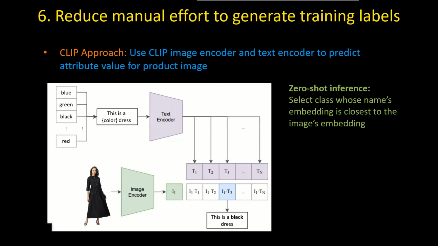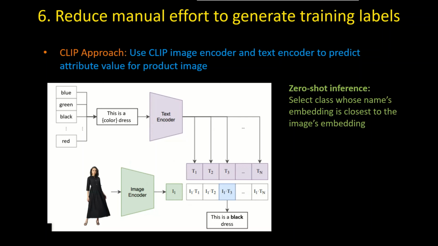Now, CLIP is pre-trained to predict if an image and a text snippet are paired together in its data set. To do zero-shot classification, we can reuse this capability.